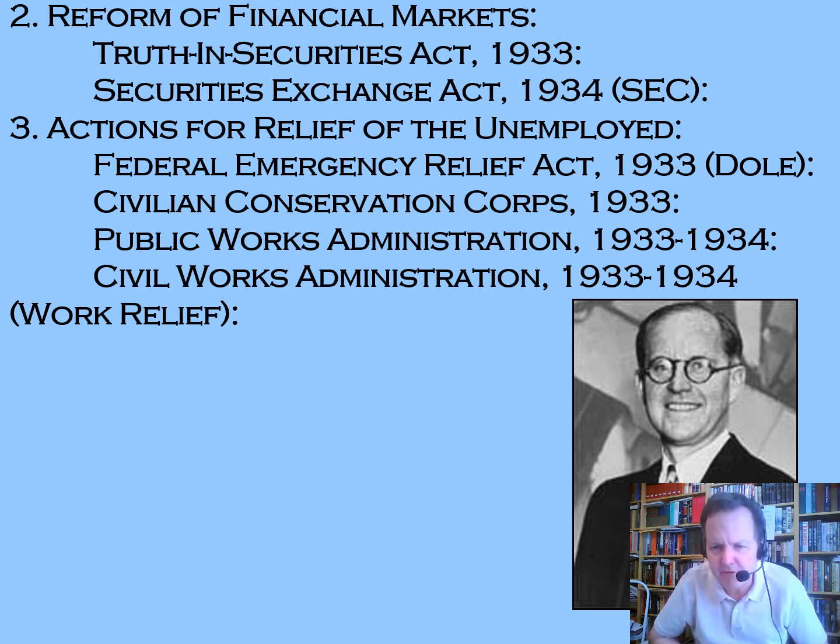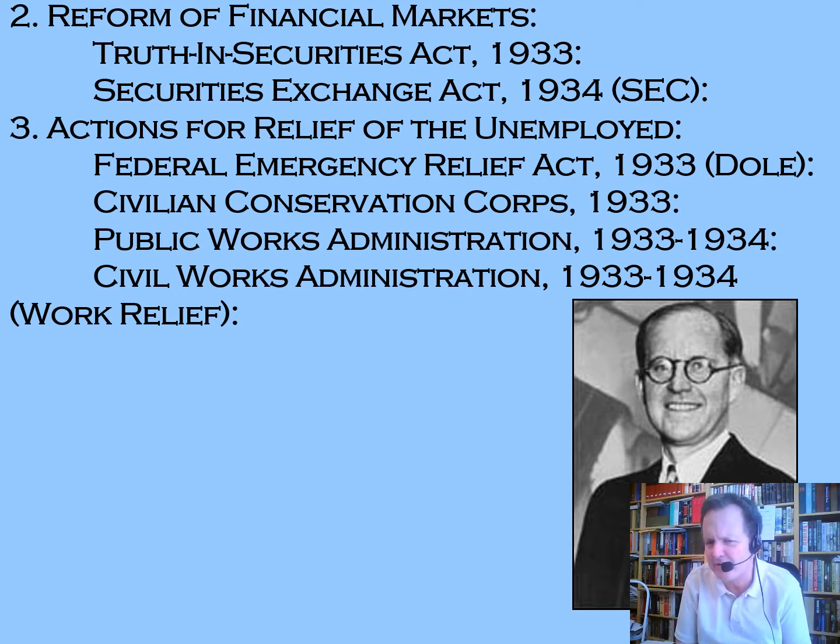Now this picture of this fellow with the eyeglasses is the first head of the SEC, as I understand, a guy by the name of Joseph Kennedy. He's most famous for having a number of sons who went into politics. Joseph Kennedy had made a fortune in the stock market. He kind of knew all the tricks, all the ways to play the system, and so he's put in charge of the SEC because he knows what kind of things can be done.